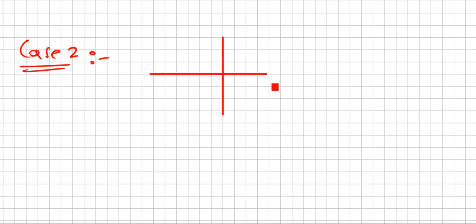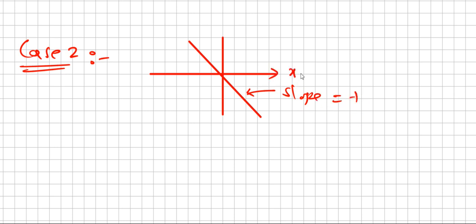Then case 2, if my correlogram is a straight line passing through origin with slope -1.